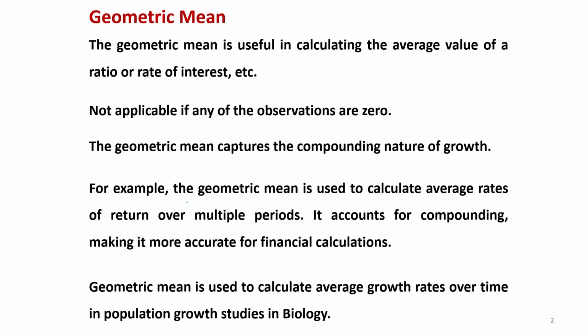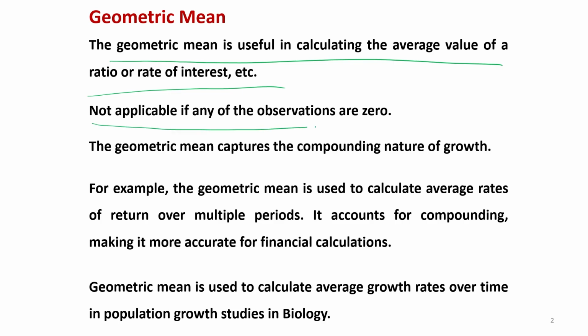So we are going to talk first about the geometric mean. The geometric mean, just like any other mean such as the arithmetic mean, also gives us some type of average value of the data. This geometric mean is more useful in calculating the average value of ratios or, say, rate of interest, etc. One important point you have to keep in mind is that if any of the observations is 0, then the geometric mean is not applicable.